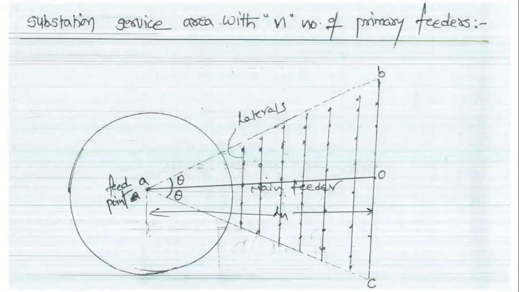This is the total service area covered with the n number of feeders, and in it we take one particular feeder area, the triangle ABC. These are the main feeders, this is the main feeder and these are the laterals. These are the distribution points, the load points.